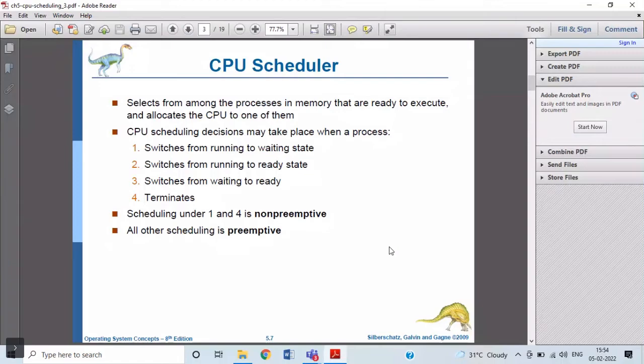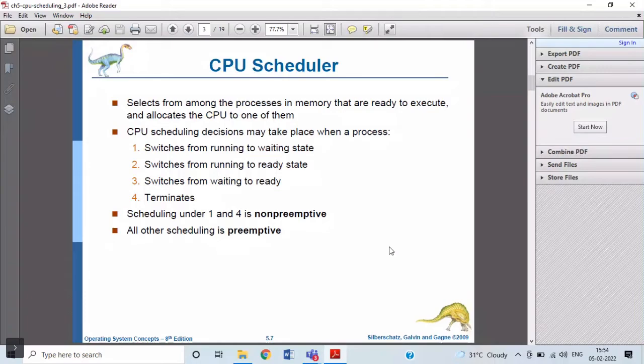Here the CPU will select the processes in a ready queue and allocate the CPU to the particular process. So CPU scheduling decisions may take place when a process switches from running to waiting state, switches from running to ready state, switches from waiting to ready state, and terminates. Okay, the CPU scheduling decisions may take place when a process will change from running to waiting, running to ready, and waiting to ready, and terminates.